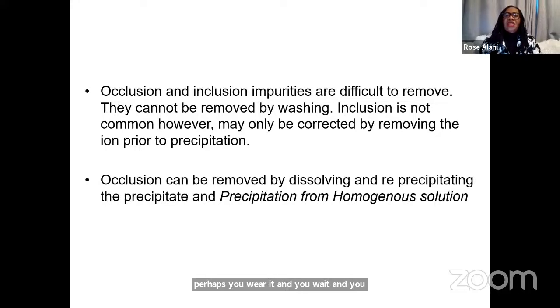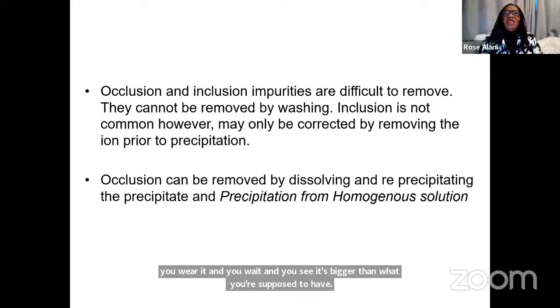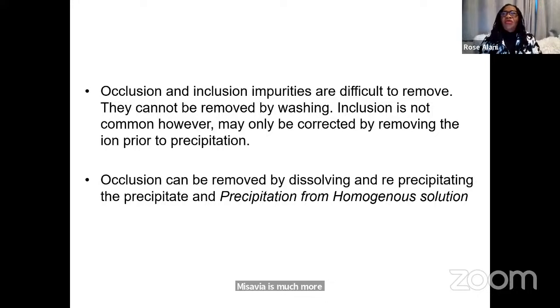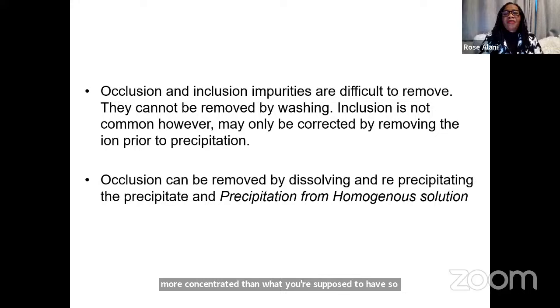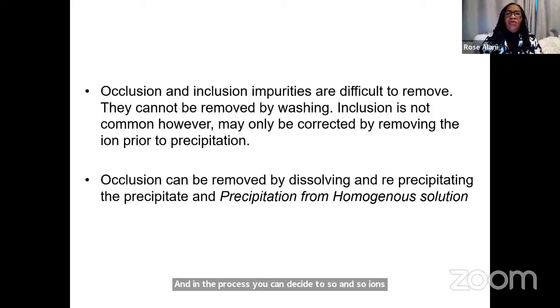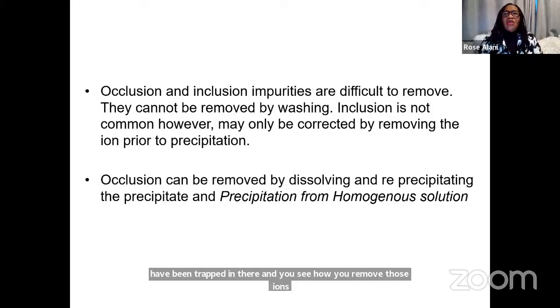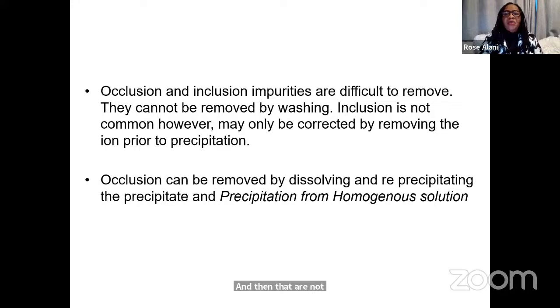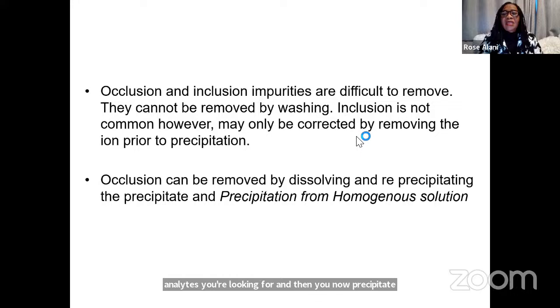It is heavier than what you're supposed to have, so you know there are definitely impurities there. So you redissolve it and then precipitate it. In the process, you can decide which ions must have been trapped in there, see how you remove those ions that are not the analyte you're looking for, and then you precipitate. So that is it.